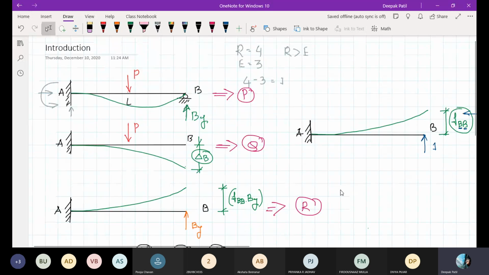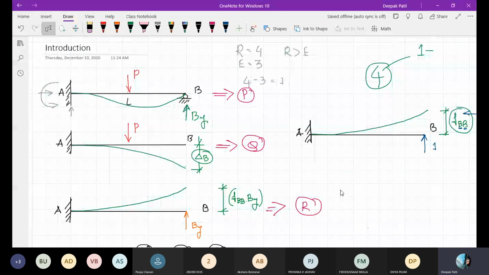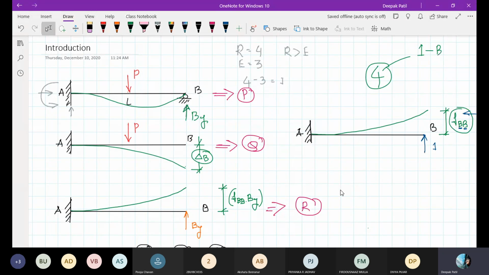Why? Because you had totally 4 unknown reactions. Out of these 4 unknown reactions, you have already found one, which is BY. So what are the other three? Other three are nothing but AX, which we usually neglect, AY, and MA.